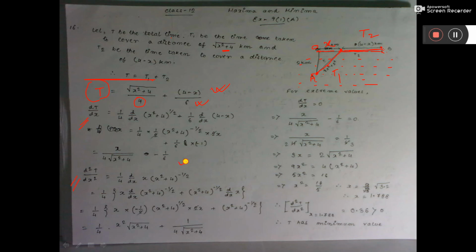So this is the first differentiation and this is the second differentiation. Now see, for an extreme value or to get a minimum value, we have to write the first differentiation equal to 0. This dt/dx value we have got here, so put this equal to 0, and from there you get the value of x.